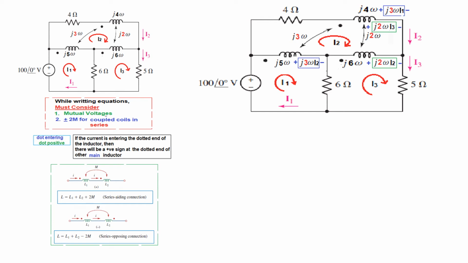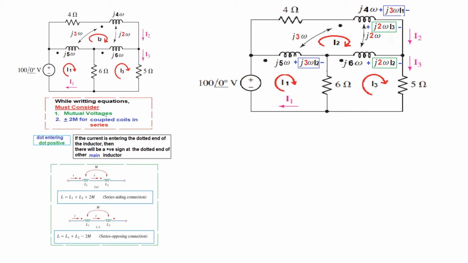So let's incorporate this in our circuit number 2, because here you can see the same current I2 is flowing through this coil and this coil, and they are mutually coupled. So there will be a 2M term. Now positive or negative we have to decide from here. Current is entering the dotted terminal here but the non-dotted terminal here, therefore we have to use a minus sign.